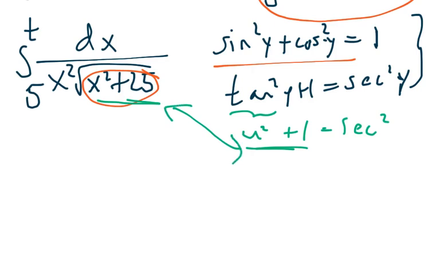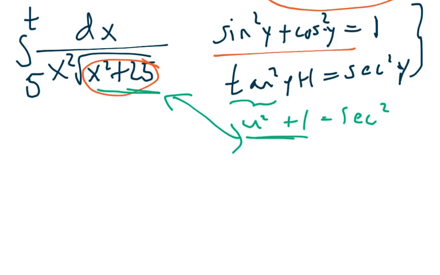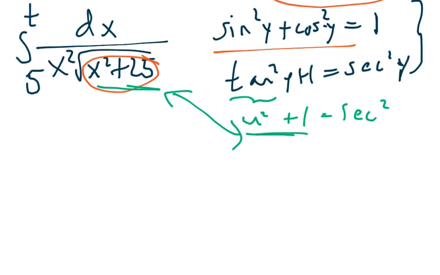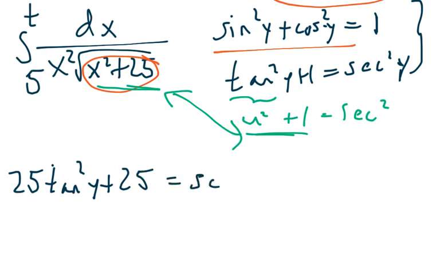And the way I'm going to get there is I'm going to multiply everything in this tangent squared expression by 25. So I know that 25 tangent squared of y plus 25 is equal to secant squared of y.